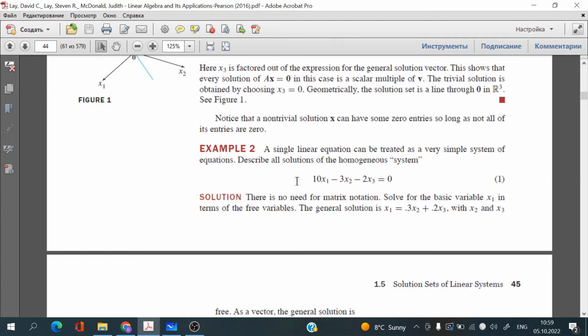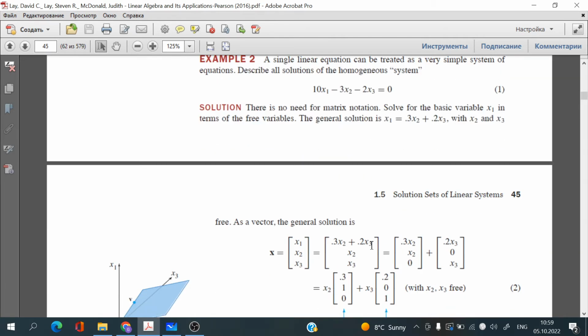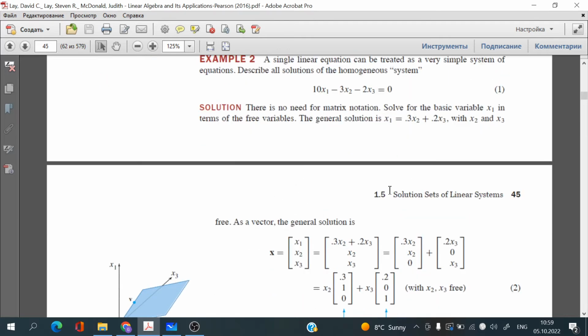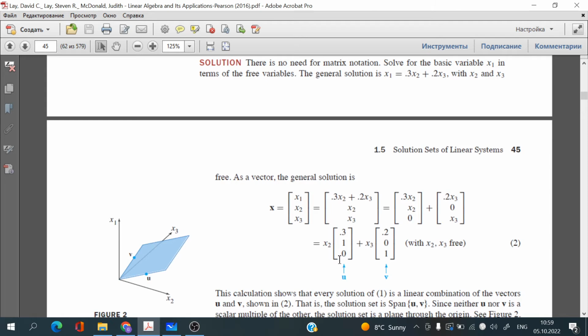Now the second example: take this equation and do the same. Take this linear equation and just do what we did already. We get something like this: x2 times (0.3, 1, 0) plus x3 times (0.2, 0, 1). Here x2 and x3 are free variables.